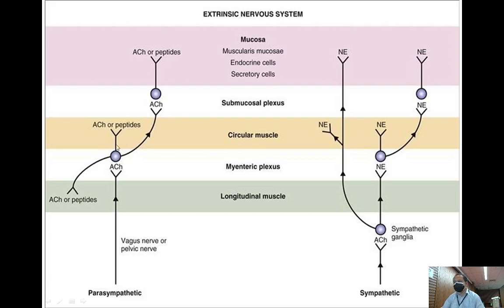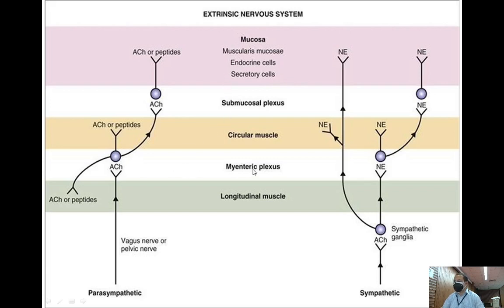But it is the myenteric plexus which controls the circular and the longitudinal muscle. The submucosal plexus controls this part, and it is more important in controlling the secretion of the glands that are present here in the mucosa layer.